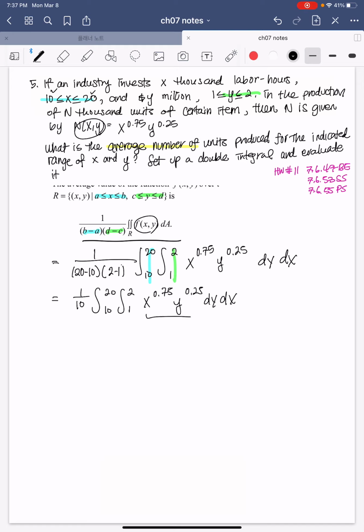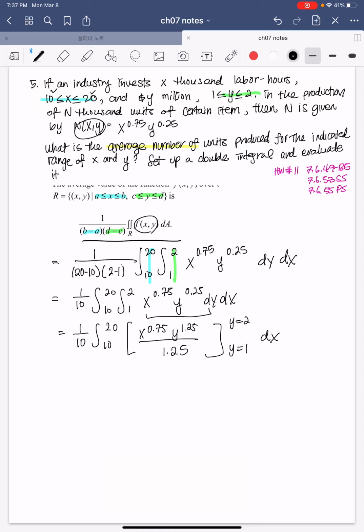Now integrating dy means x is a constant, so this part is a constant. So you just have plus 1 divided by the new power, 1.25. Integrating with respect to dy, I have 1 over 10, 10 to 20, x to the 0.75, y to the 1.25, because I'm adding a power, from y equals 1 to y equals 2, dx.